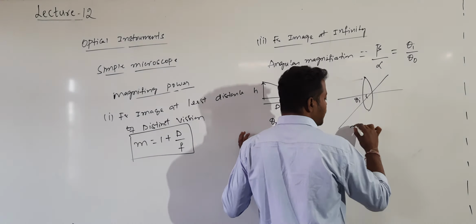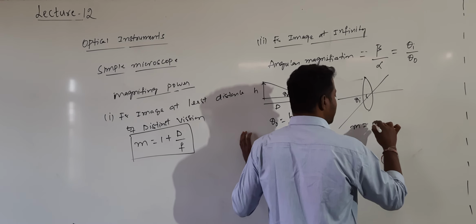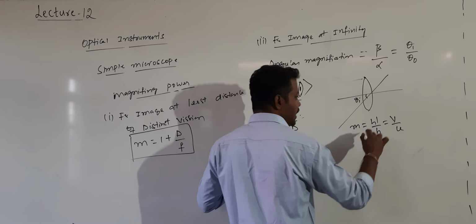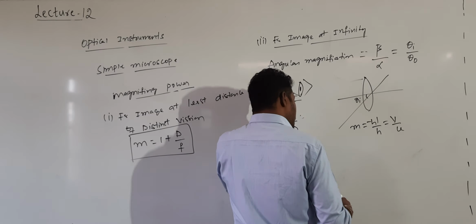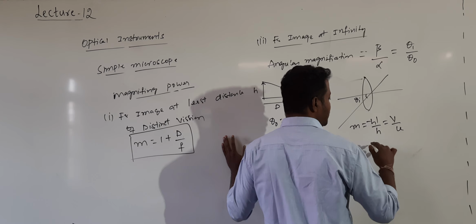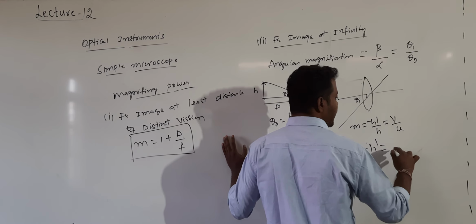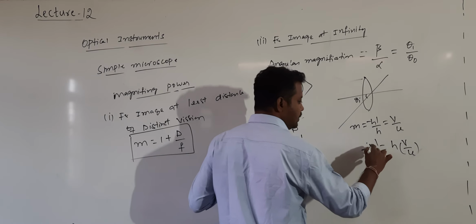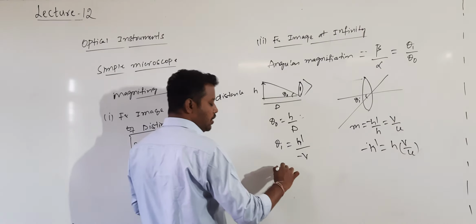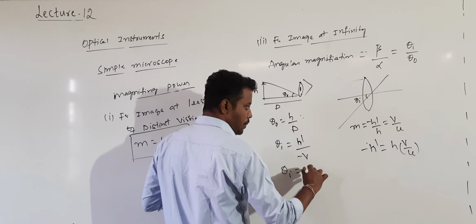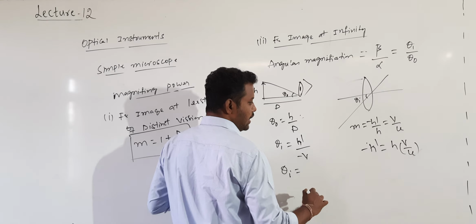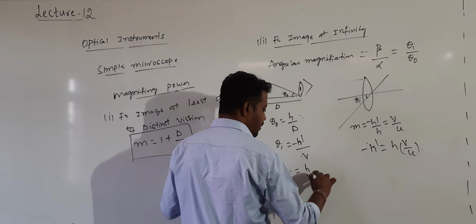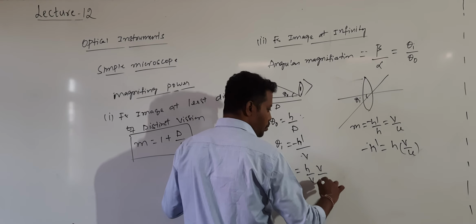But we know the magnification formula m is equal to h dash by h, which is equal to v by u. So h dash by h is equal to v by u, and h dash can be written as h into v divided by u. If I substitute that h dash value, then theta I will be equal to h divided by v into v divided by u.